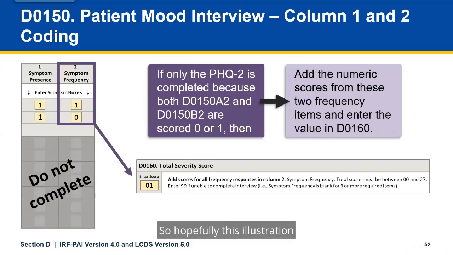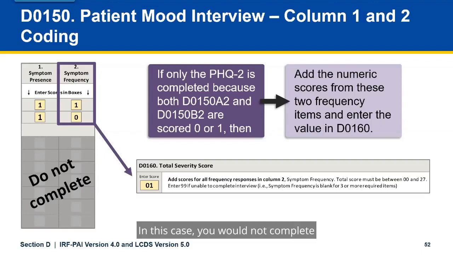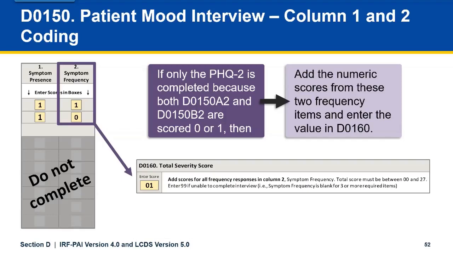So hopefully this illustration will help in understanding this concept of when only the first 2 items are coded with a 1 or a 0 for symptom frequency. In this case, you would not complete the remaining 7 questions. You would add the numeric scores from these 2 symptom frequencies and enter that value in D0160.